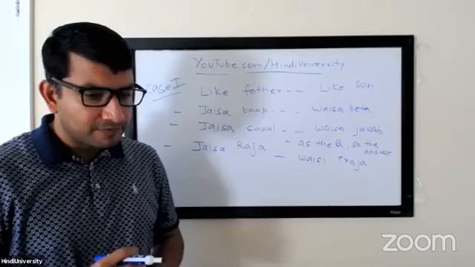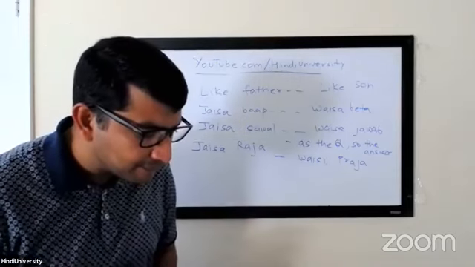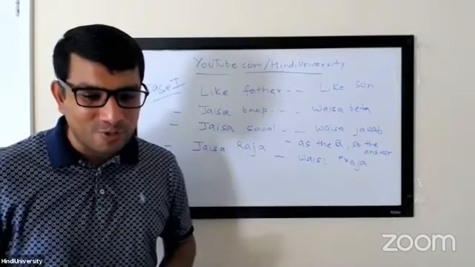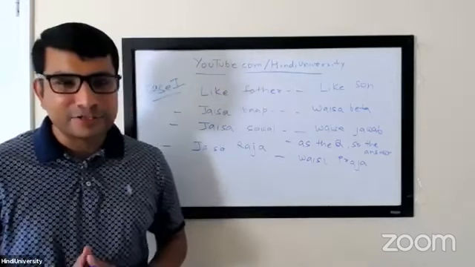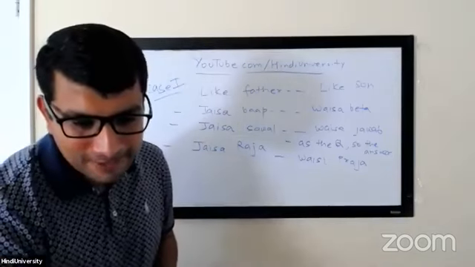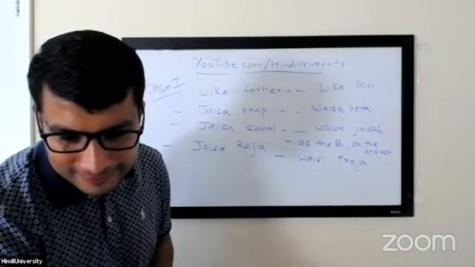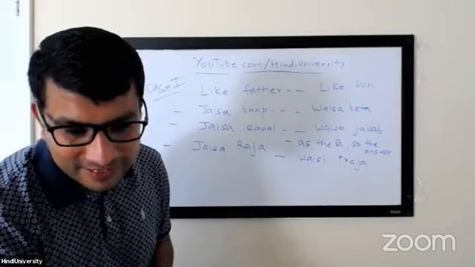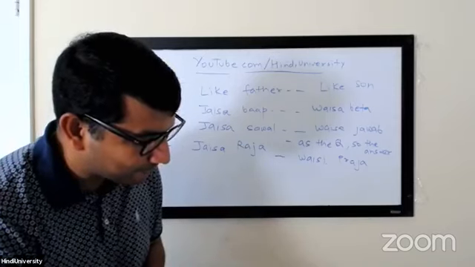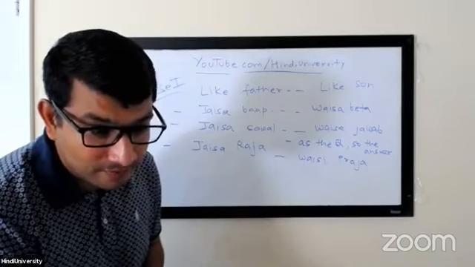Matlab kya hai? What does it mean? I was going to ask who would like to share it. What does it mean? Jaisa Raja, waisi praja. Just make a guess. Like the king, the people are also like that. Yeah, so we get what we deserve.